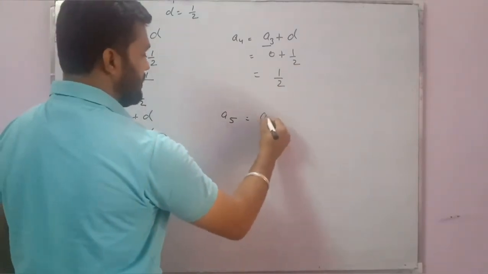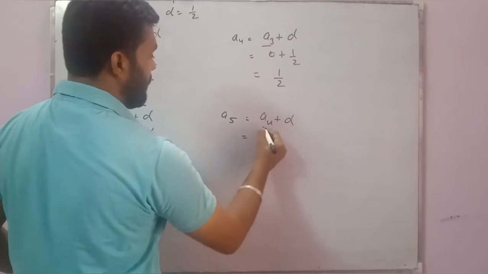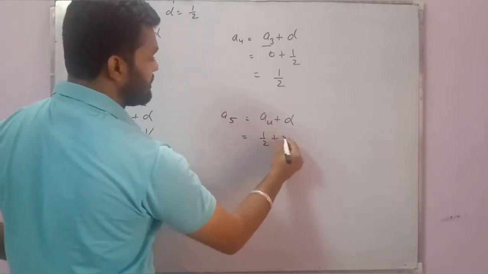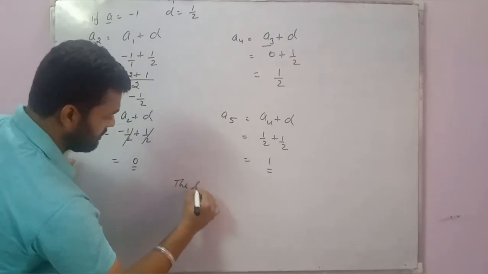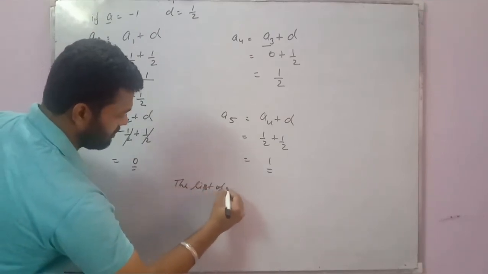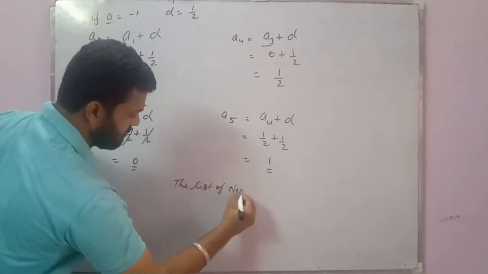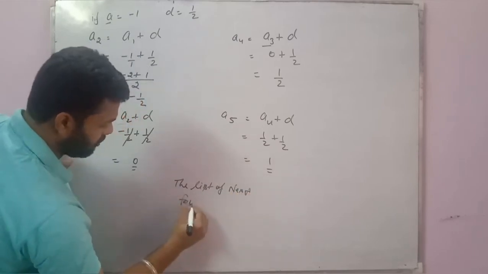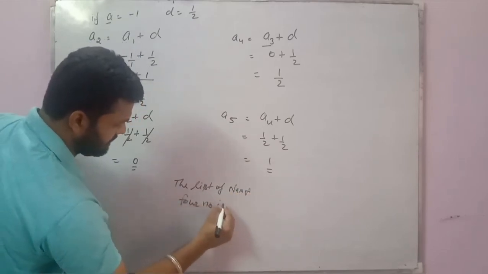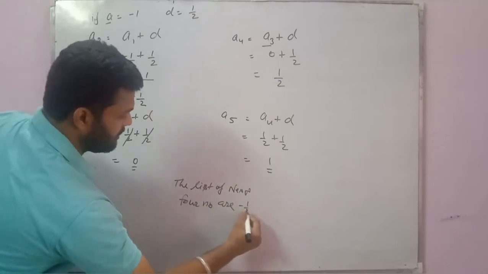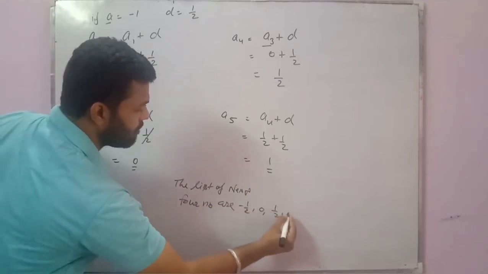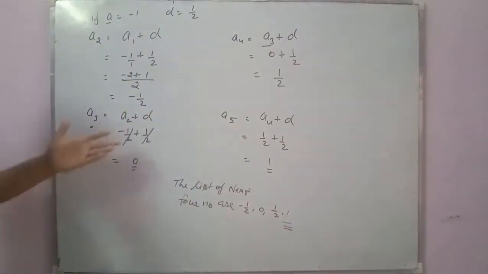A5 is A4 plus D, A4 is 1 by 2 plus 1 by 2, half and half, which is 1. The list of the next four numbers is minus 1 by 2, 0, 1 by 2 and 1.